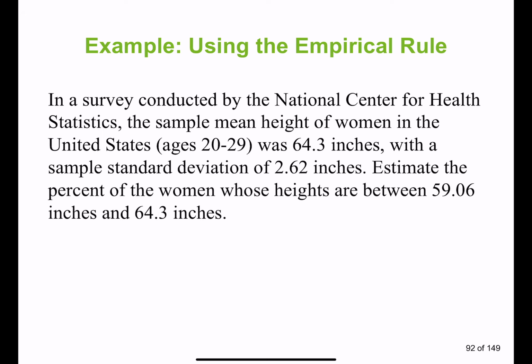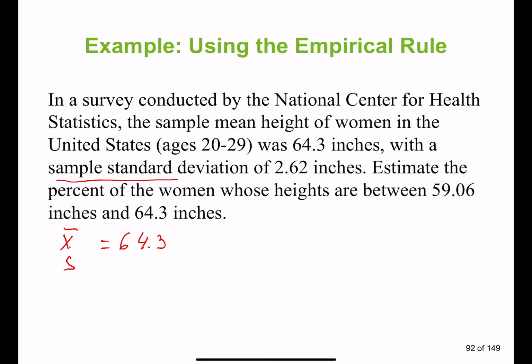In a survey conducted by the National Center for Health Statistics, the sample mean height of women in the United States was 64.3 inches. So mean height, this is going to be x bar, right? Average height is 64.3 inches. With the sample standard deviation, because it's a sample standard deviation, we put letter S and it's not sigma.